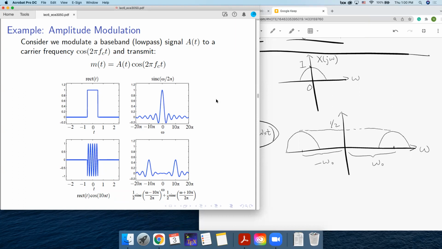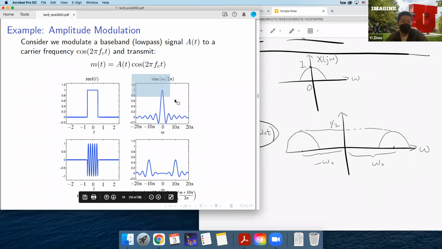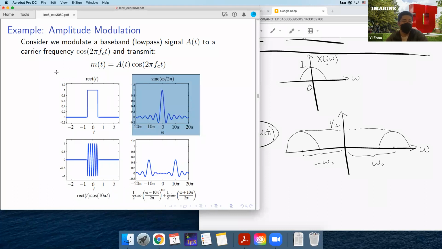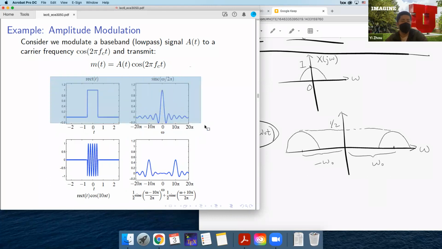A quick question. Yeah, go ahead. So the sinc omega over 2 pi, is that the signal being modulated? Now, this is the corresponding spectrum of this rectangle signal. Oh, okay. This is the pair of Fourier transform that we discussed in the last lecture.